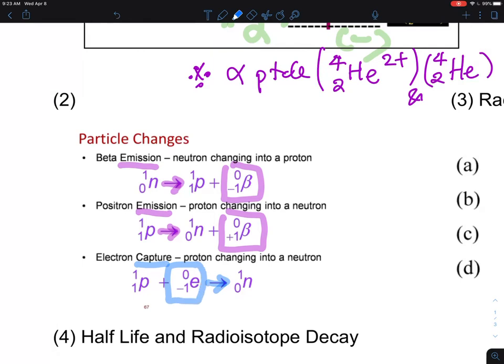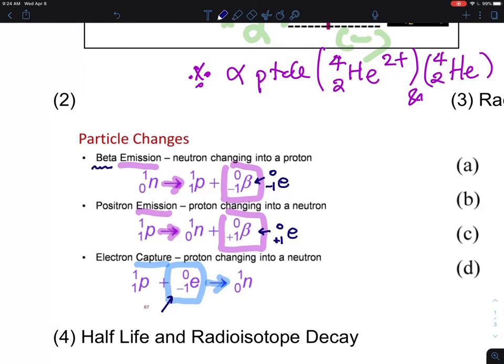So then you can follow this as a beta. Beta means electron, so people probably prefer to write this, and that's good. And the positron means +1 and almost no mass. So that's the one they are using.